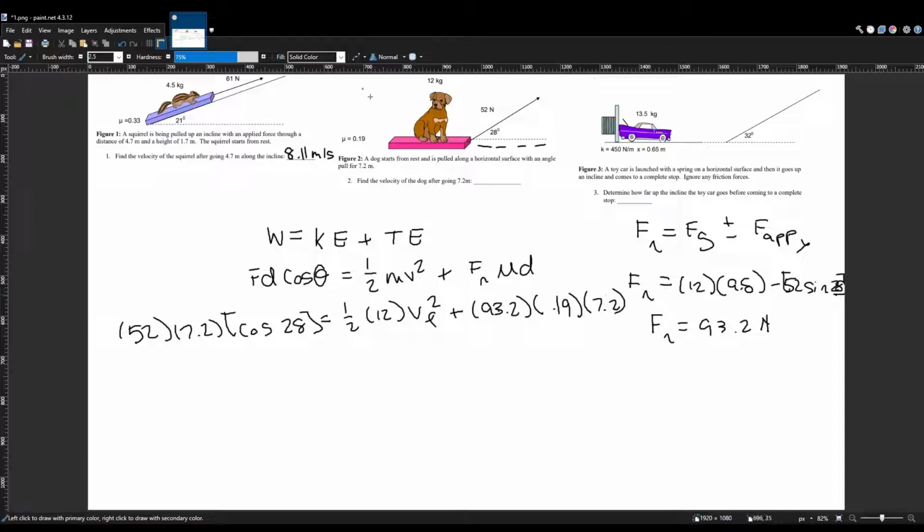And our velocity final for the dog is then approximately going to be 5.82 meters per second, and that is question 2 answered.